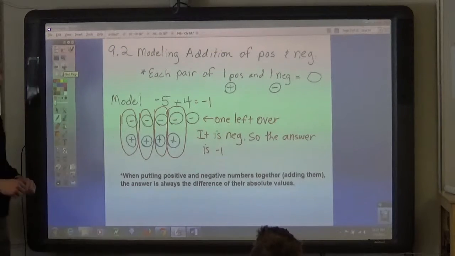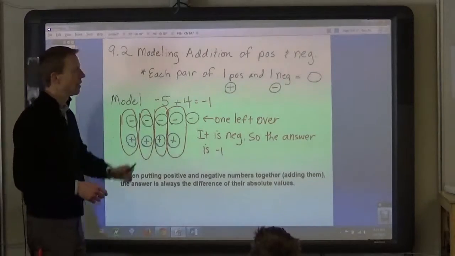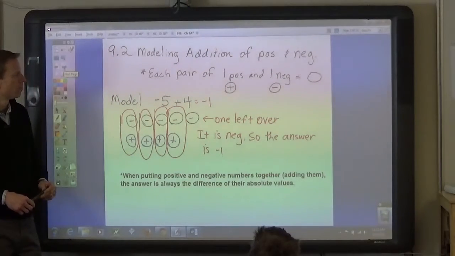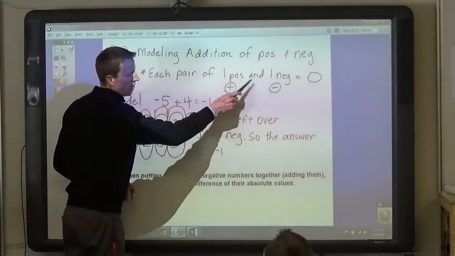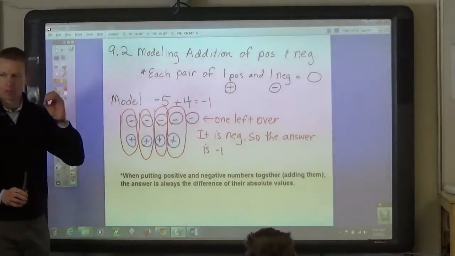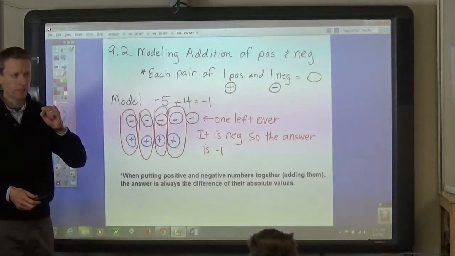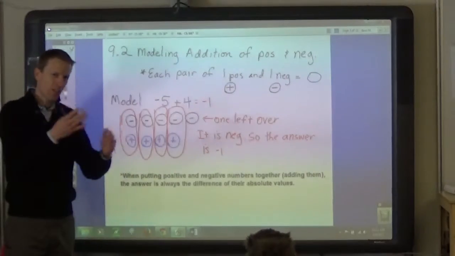Thinking of it this way. When you're modeling addition of positive and negative numbers, you have to think of it this way. Each pair of positive and negative equals 0. Okay? They cancel each other out.